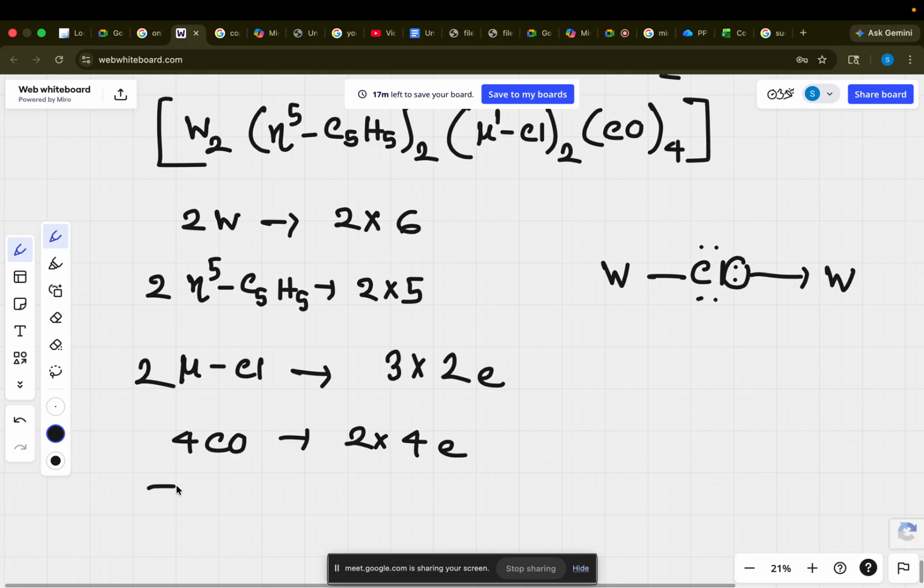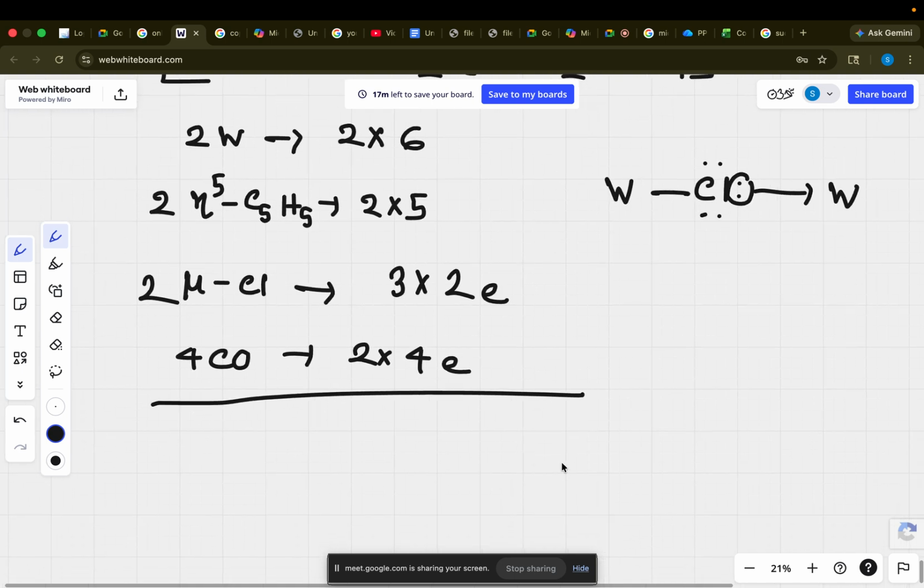So if you add them, 2 into 6 is 12, plus 10 is 22, 22 plus 6 is 28, 28 plus 8, it will be 36 electrons. Clear how to do?